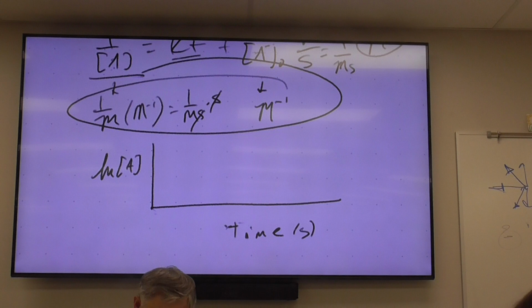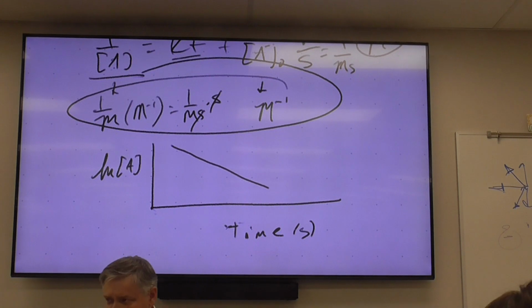Now, here's how this is going to play out. Let's say that you have a slope like this, natural log of A.